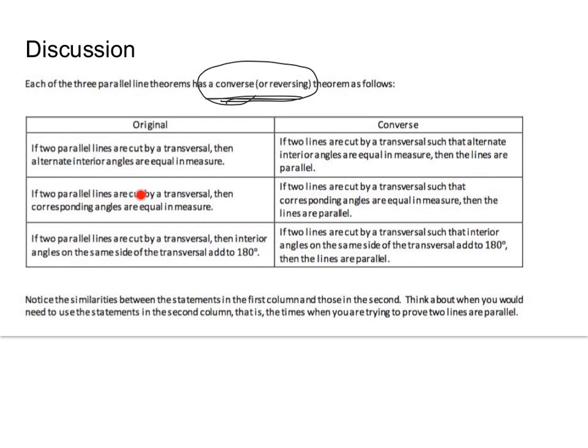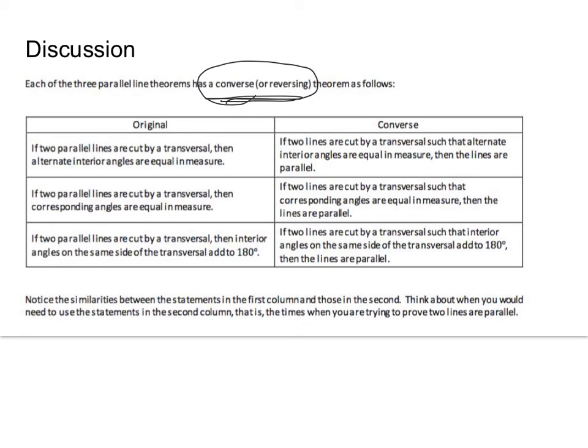If two parallel lines give me corresponding angles, I can also say if I have corresponding angles, then I have parallel lines. If I have two parallel lines, the interior angles add to 180. I can also say if the interior angles add to 180, then the lines are parallel. Notice the similarities between the statements in the first column and those in the second. Think about when you would need to use the statements in the second column.